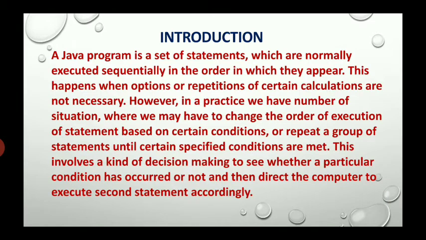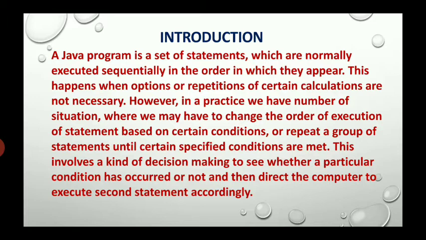However, in practice we have a number of situations where we may have to change the order of execution of statements based on certain conditions, or repeat a group of statements until certain specified conditions are met. Now this involves a kind of decision making to see whether a particular condition has occurred or not, and then direct the computer to execute statements accordingly.